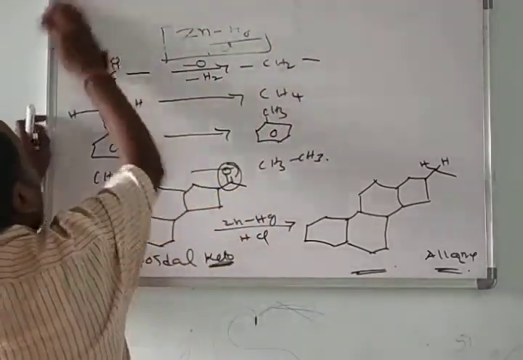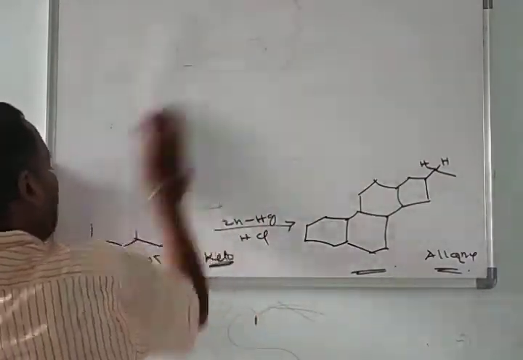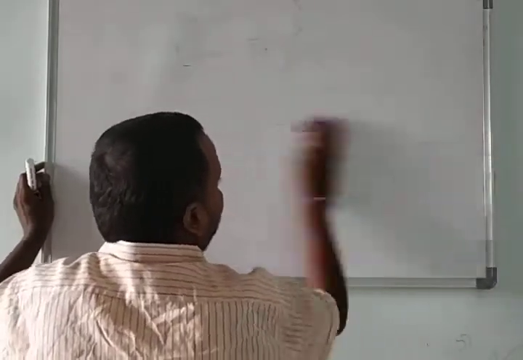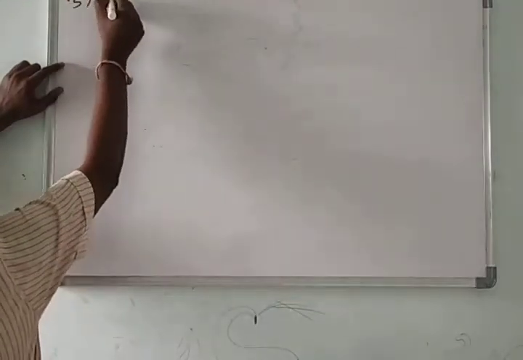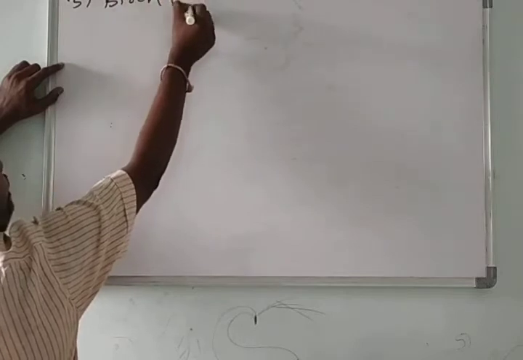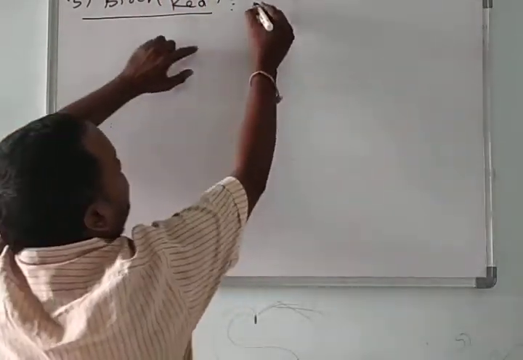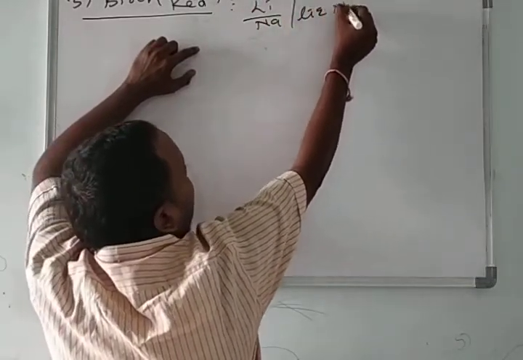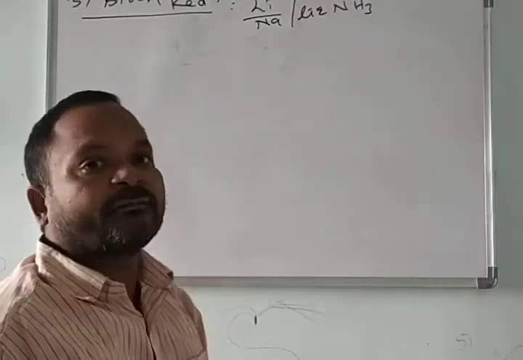Here we'll see one more important reduction, the Birch reduction, and reduction in the presence of Lindlar's catalyst. The third reaction is the Birch reduction. What is the reagent here? Lithium or sodium or potassium in the presence of liquid ammonia.